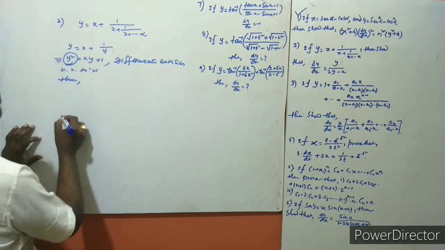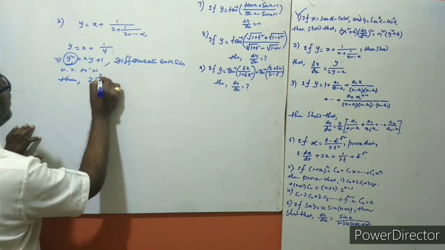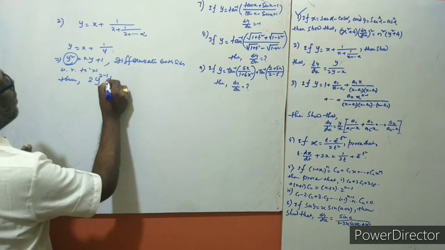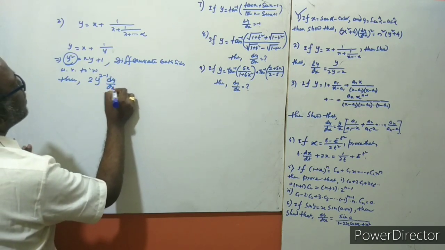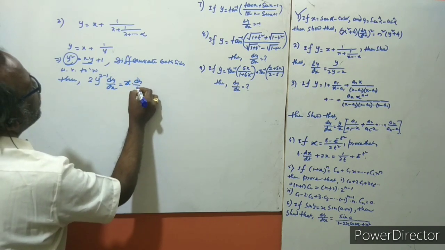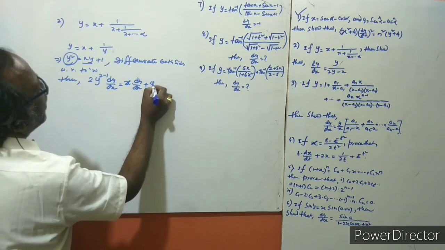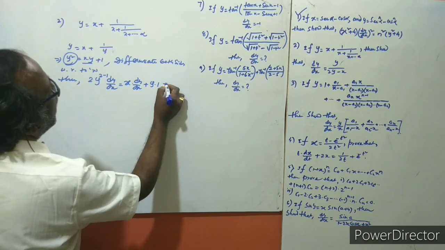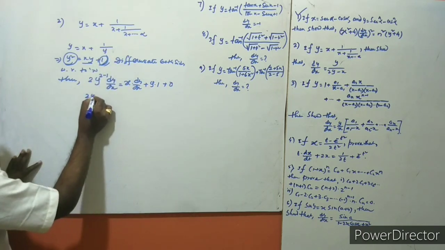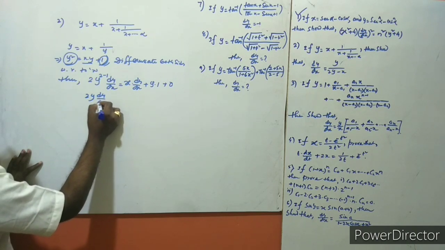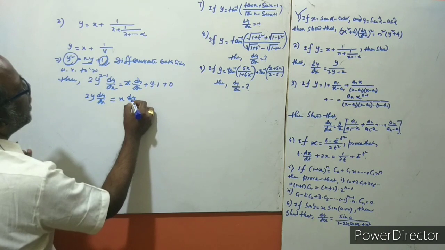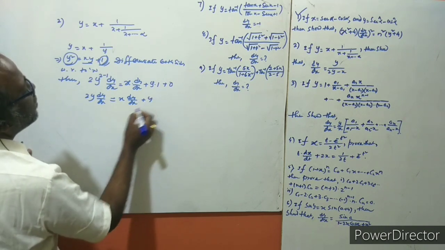See, differentiation of y square is 2y to the power 2 minus 1, and the derivative of y is dy dx. And also this is u into v, x into dy dx plus y into derivative of x, which is 1, and the derivative of 1 is 0. So we get here 2y dy dx equal to x into dy dx plus y.